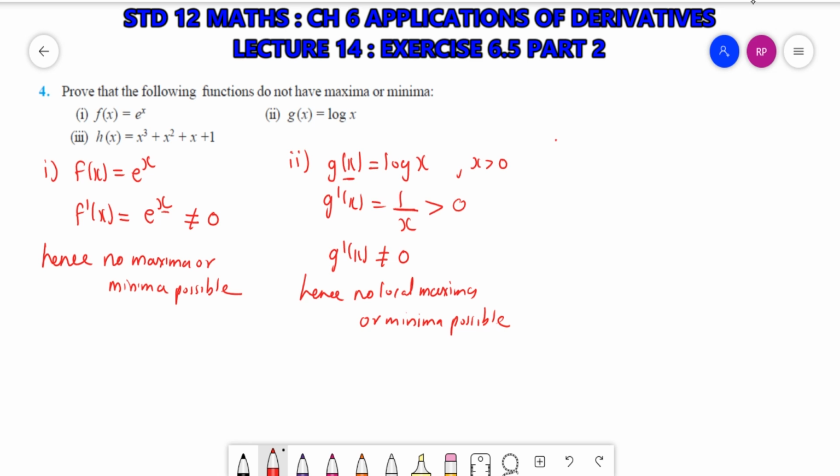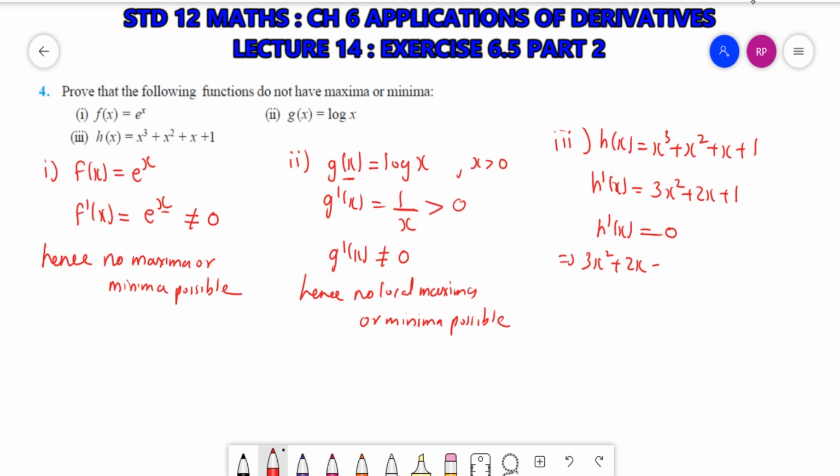Okay, let's see the third one. h of x equal to x cube plus x square plus x plus 1. So h dash x will be equal to 3x square plus 2x plus 1. Now h dash x equal to 0 implies 3x square plus 2x plus 1 equal to 0.